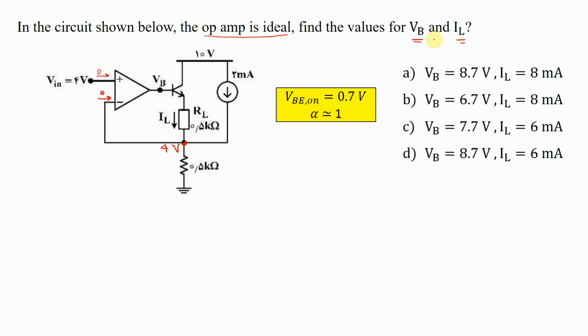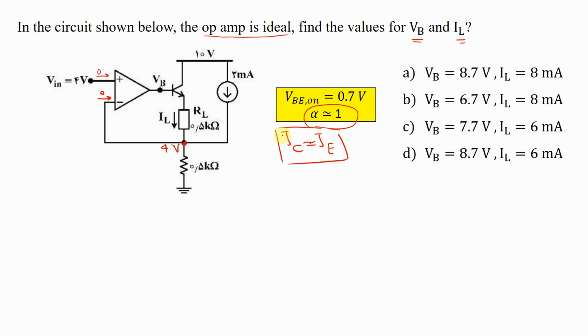Here, the base-emitter on voltage is 0.7 volt and alpha is approximately 1. What is the meaning of this? This means that for this BJT transistor, the collector current and the emitter current are almost identical, which means that we're going to neglect the base current.